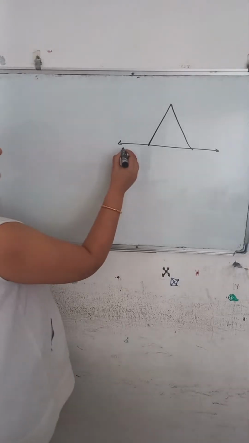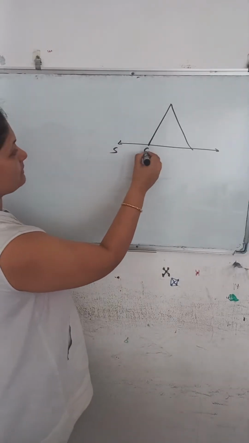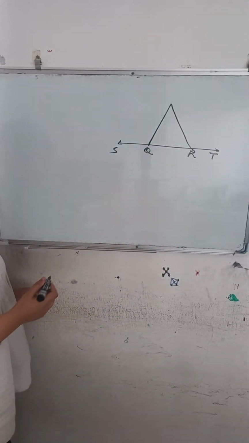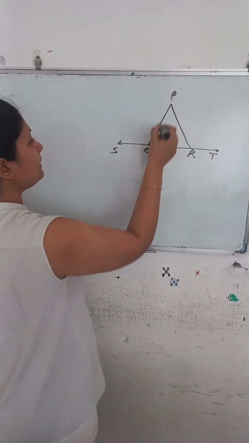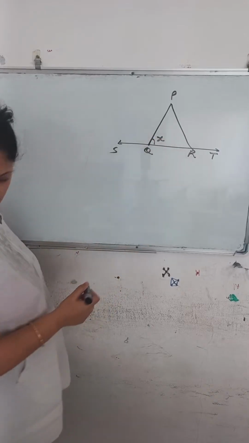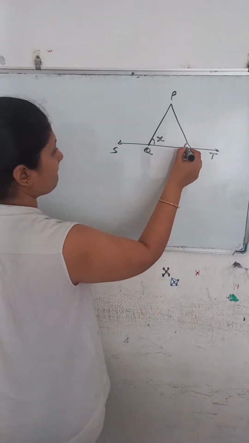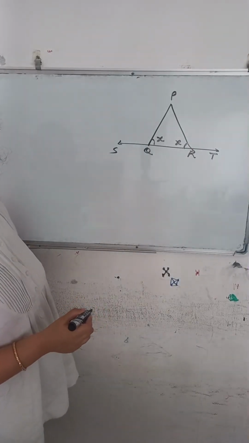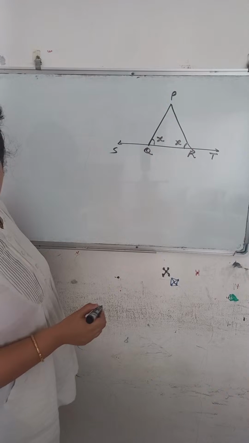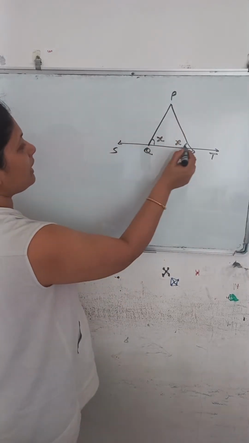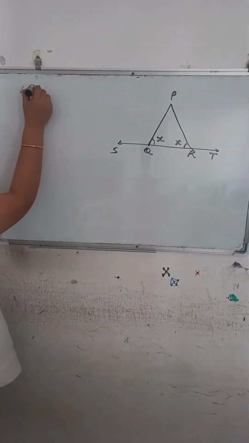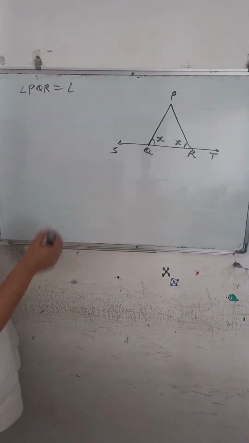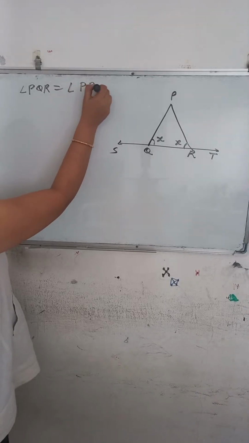This is S, Q, R, T, this is P, this is X. Angle PQR is equal to angle PRQ.